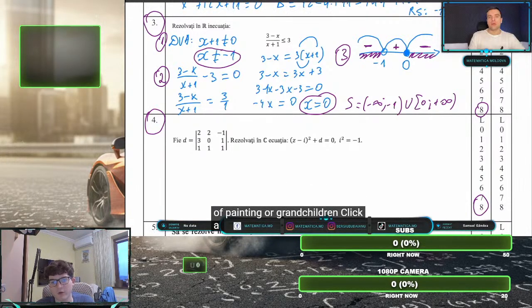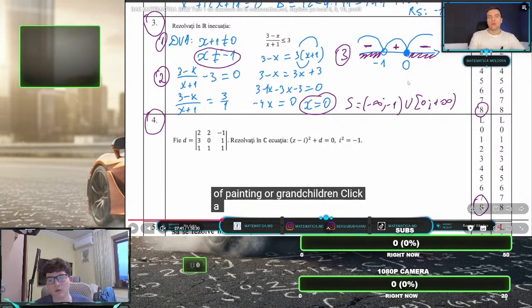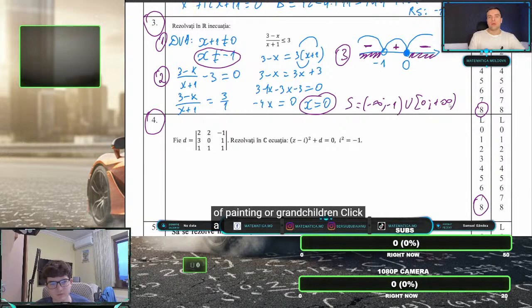You write that down like this, and as it is a colored circle, you use a parenthesis with corners, not a round one, and then minus infinity, plus infinity are always with circular parentheses. So yeah, this exercise was done. We're moving on to the next exercise.